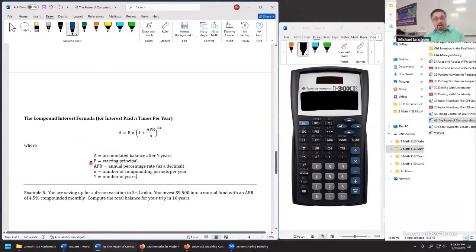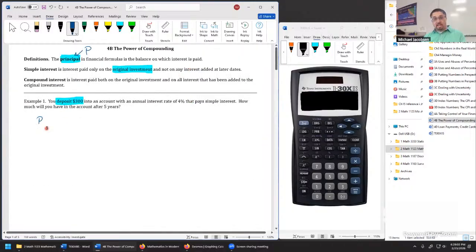So if you can pick that out of the context, it makes all the problems a lot easier, because then you're just plugging things in to work through the formula. So write down on paper, and this helps with the subconscious as well. Your brain is going to chew on this thing and know where to plug things in. The principal on this is $300. And definitely use the symbol that we're going to be using for the formulas.